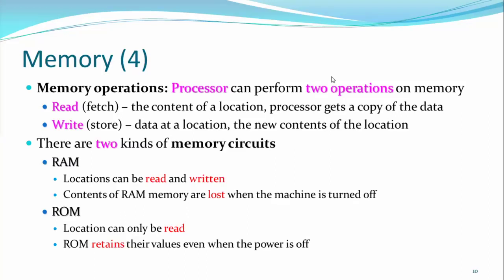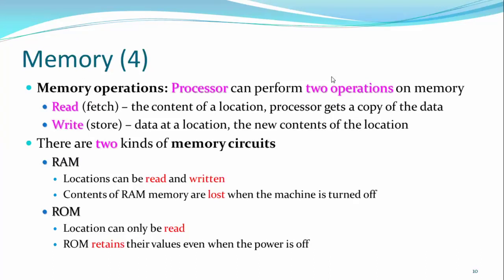Random means anytime. Yes, anytime you can have access in the RAM. That means anytime you can read and you can write into the RAM. Is that clear? That's why you are saying random access memory.